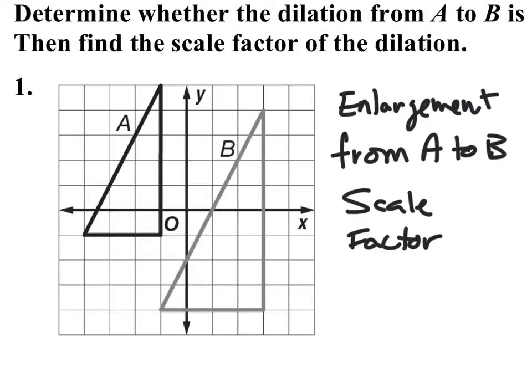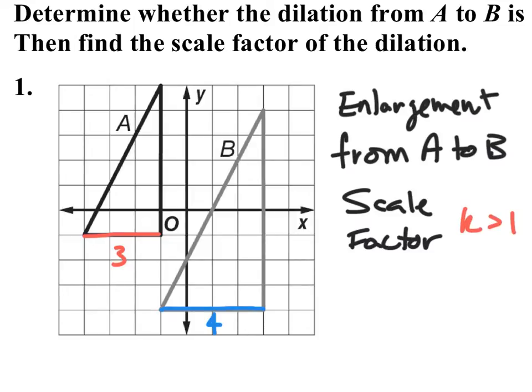The scale factor is just some ratio. I'm going to start with A and label this side with a red line and call this 3, and then label the corresponding line down here with a blue line and call that 4. Because we have an enlargement, we know that our k value, our scale factor, needs to be greater than 1.